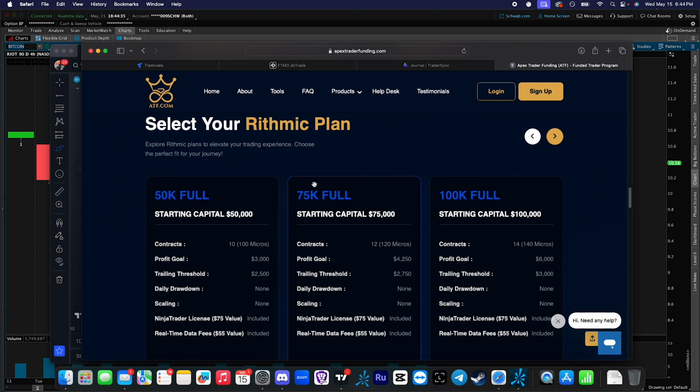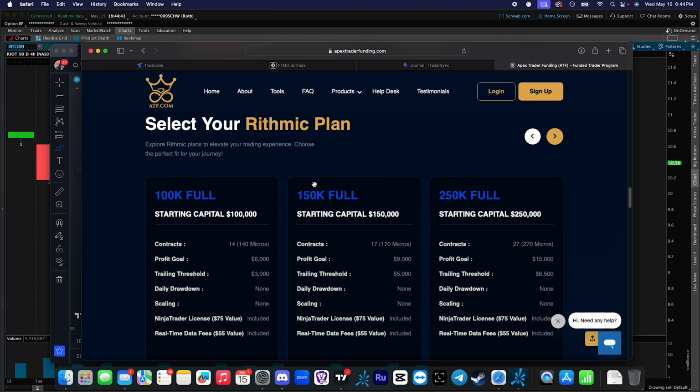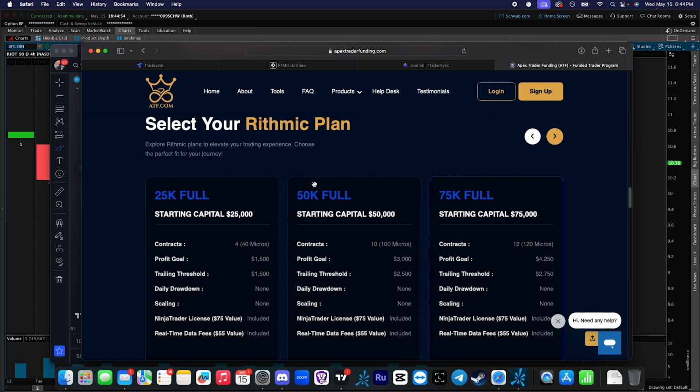The monthly, I think, is like $60 to $80 depending on the account size. The activation fee is like $140 to $180 depending on the account size, and you pay that once.